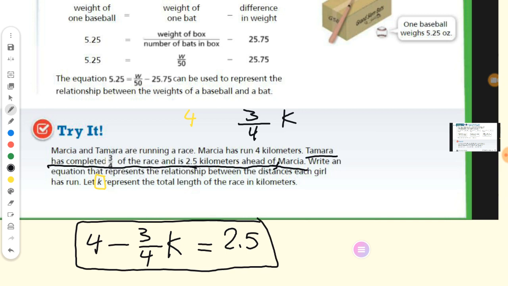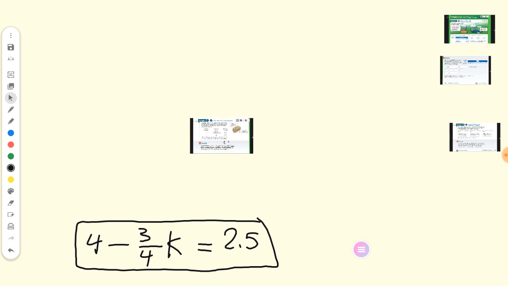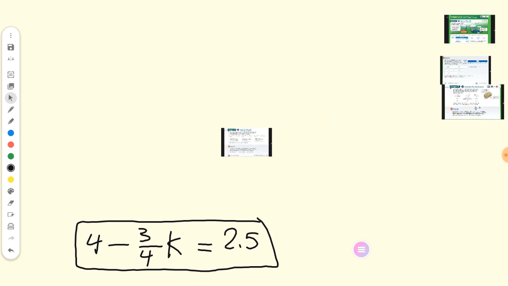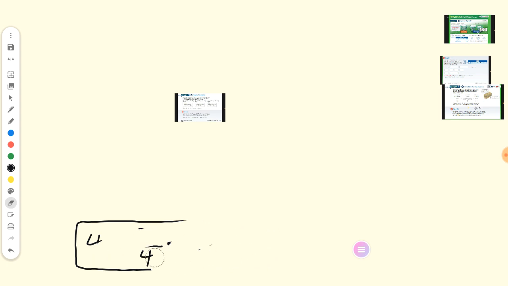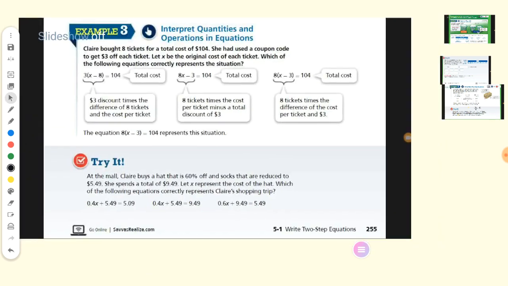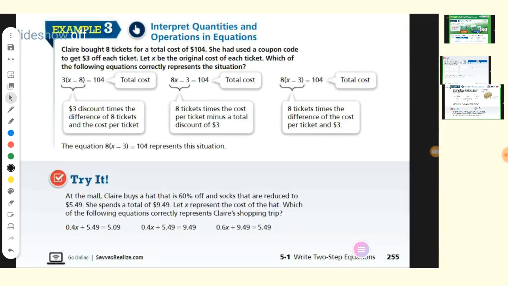Okay, another example. Example number 3. Claire bought a ticket for the total cost 104.